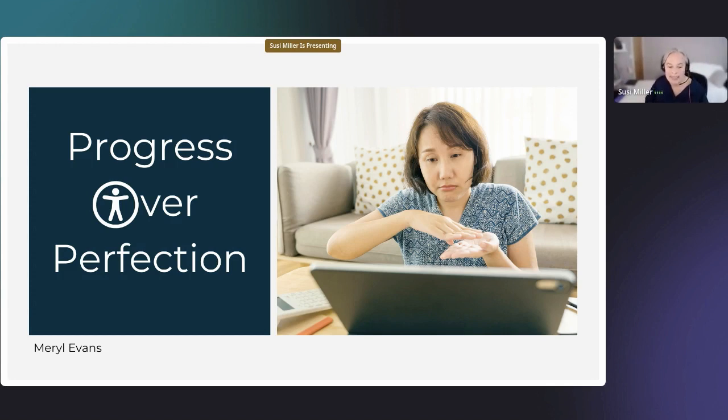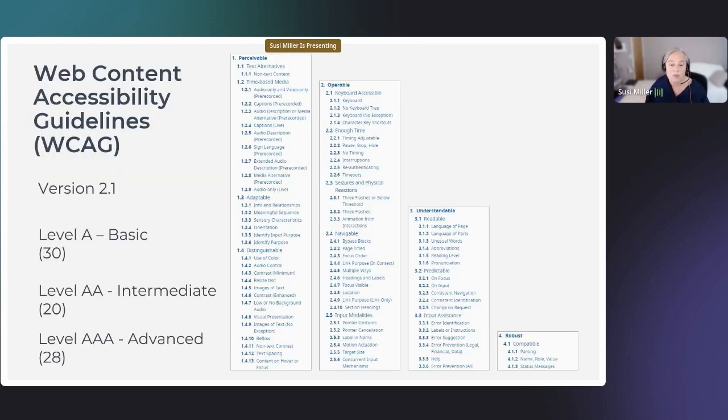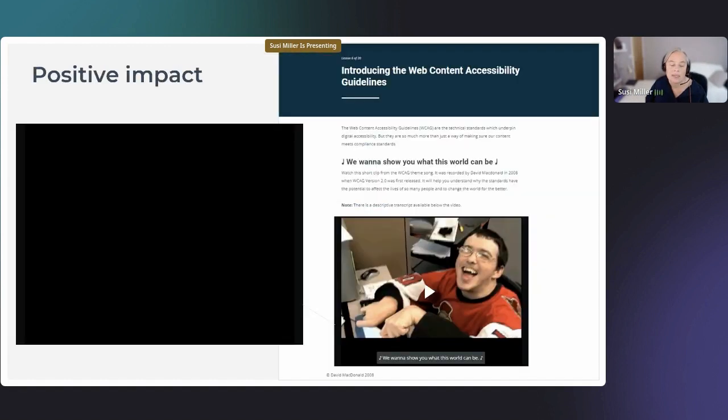And that leads me nicely to my next takeaway, which is never to underestimate the positive impact that you're having by making your learning content accessible. It's what I secretly call the joy of accessibility. And it's the magic ingredient which turns accessibility from complex technical WCAG standards into something that really can change the world.